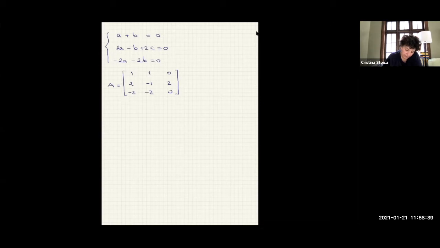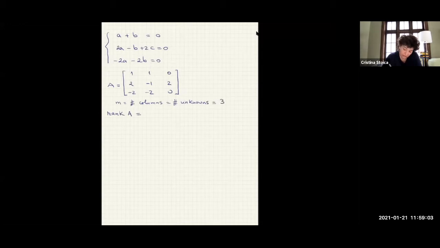The dimension of A, or M, is the number of columns, which is also the number of unknowns. The number of unknowns is 3 here.